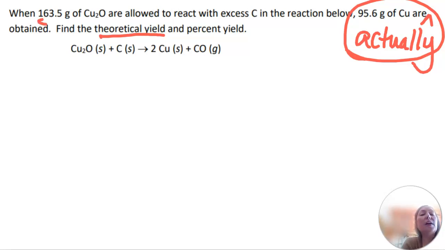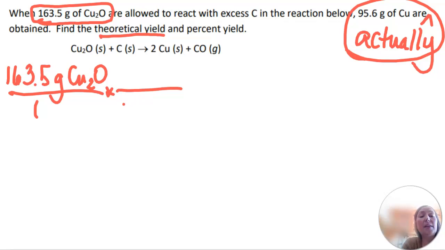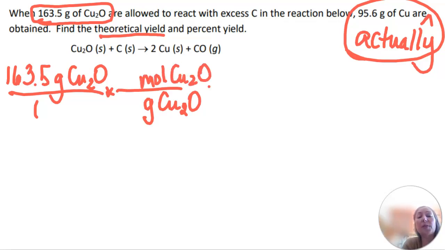Okay, so what's our known? 163.5 grams of copper oxide, Cu2O. Let's put that over 1. And then we're going to bring down grams Cu2O, and we're going to get to moles right away using molar mass.